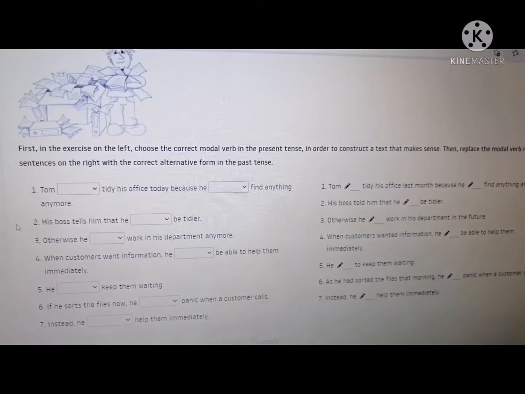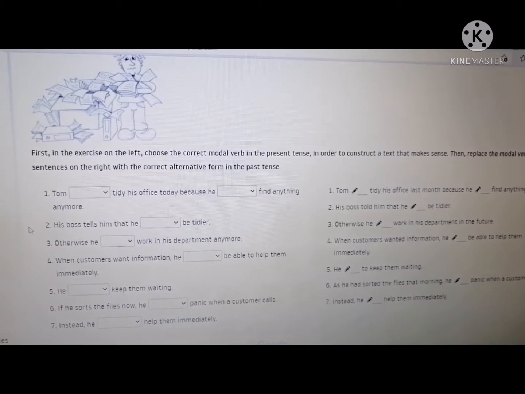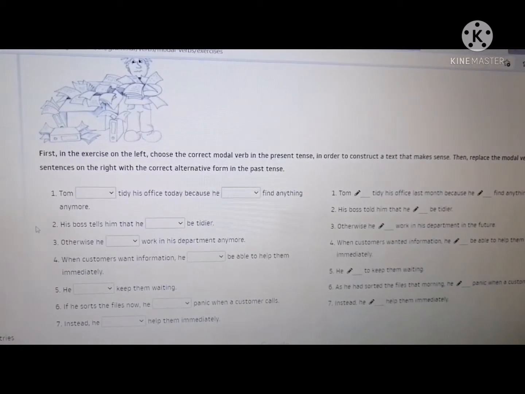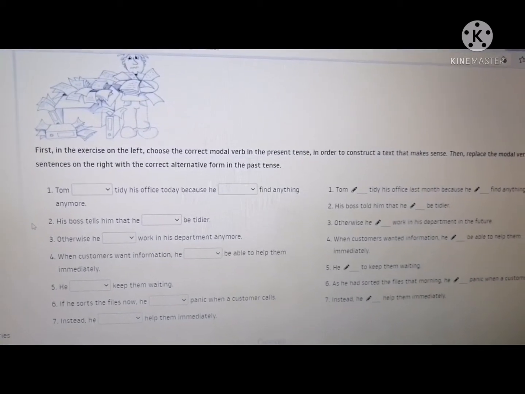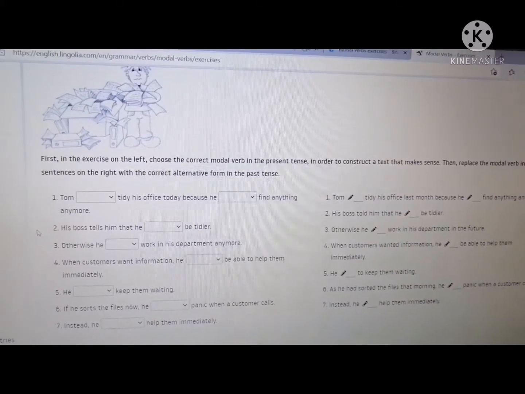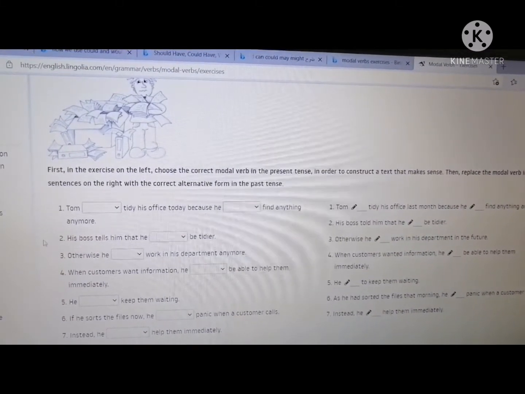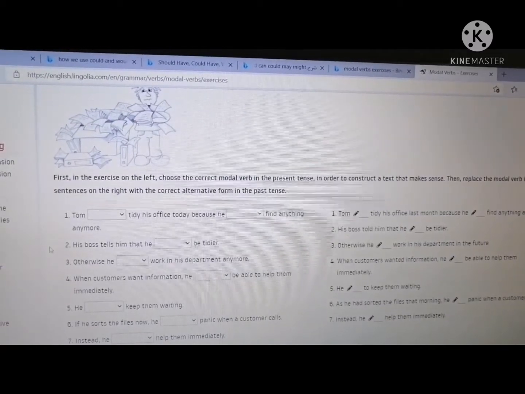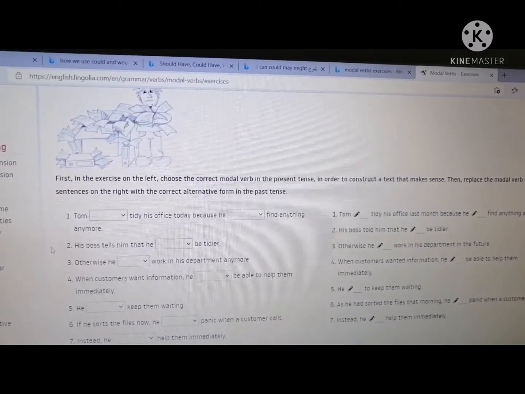Number 7, instead he blank help them immediately. Okay, 1 to 7, and on the other side, it's the same.